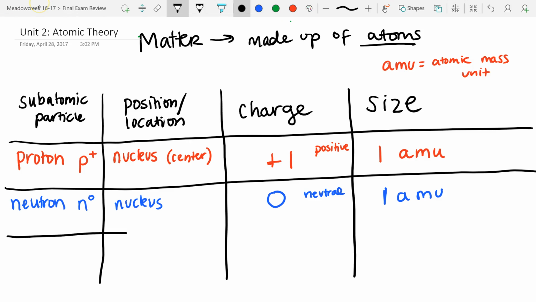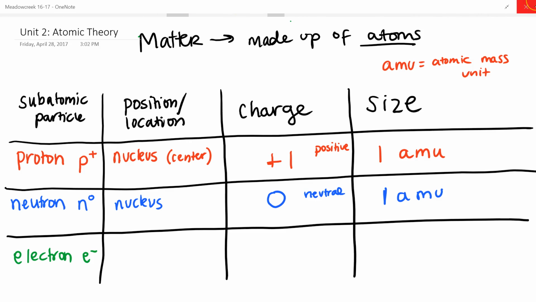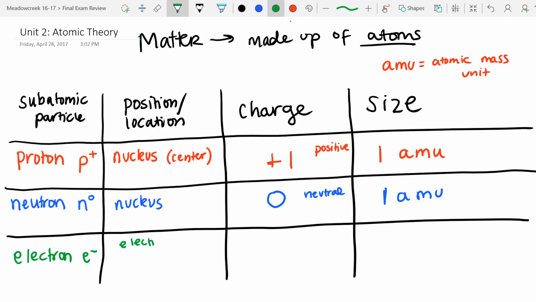What's the next one? The next subatomic particle is the electron. The electron symbol is an e with a negative as an exponent. It is located in what we call the electron cloud, and it surrounds the nucleus.